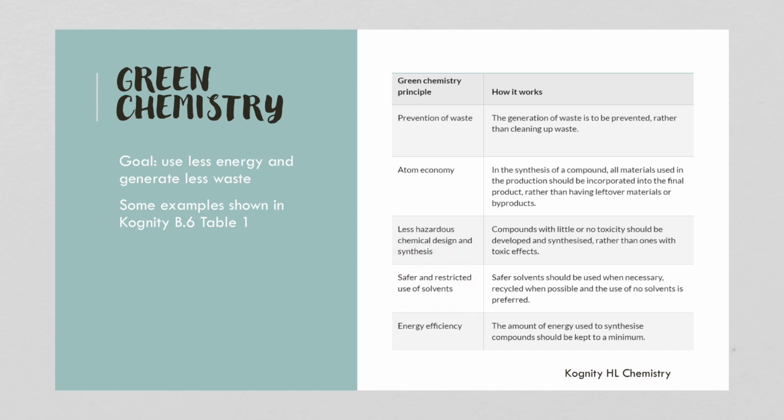Have safer and restricted use of solvents. Safer solvents should be used when you can, and you could recycle those solvents or reuse them, and in fact, using no solvents at all would be the preferred method. And then efficiency of energy. So using less energy to make the thing would be helpful.